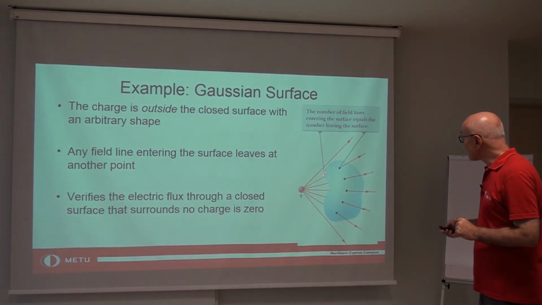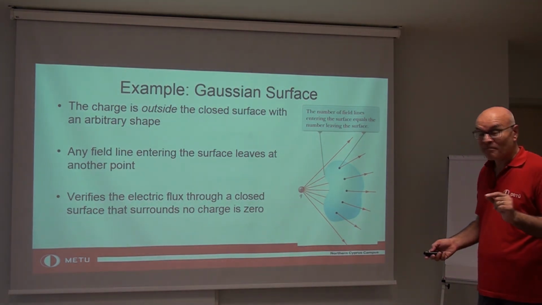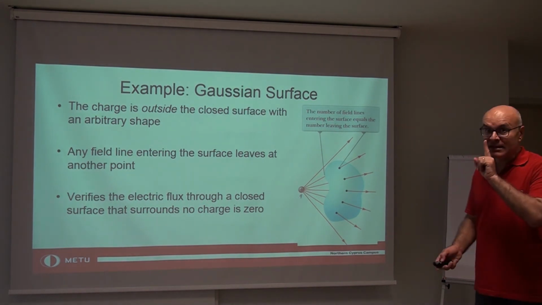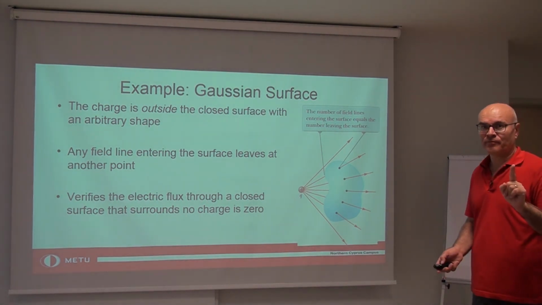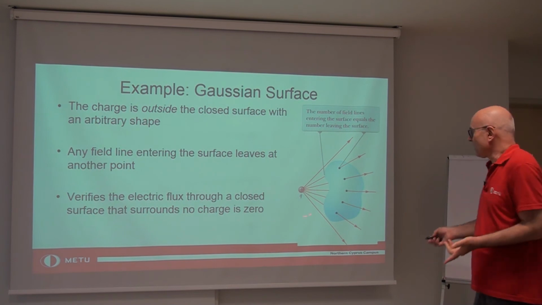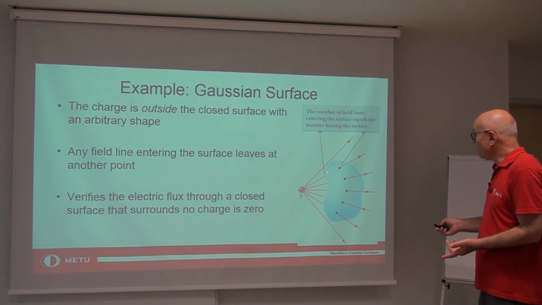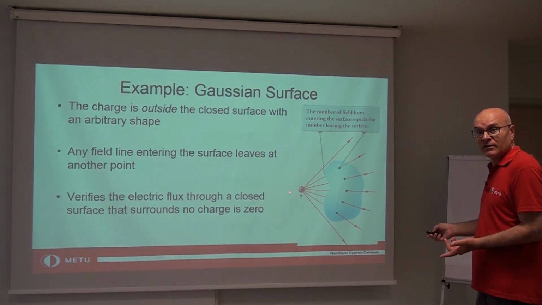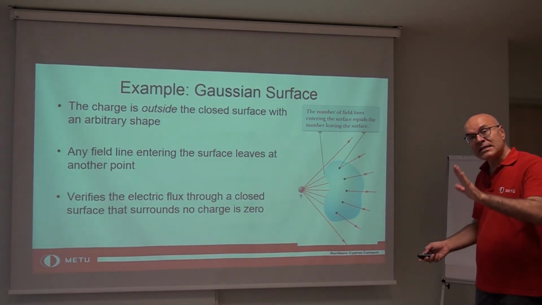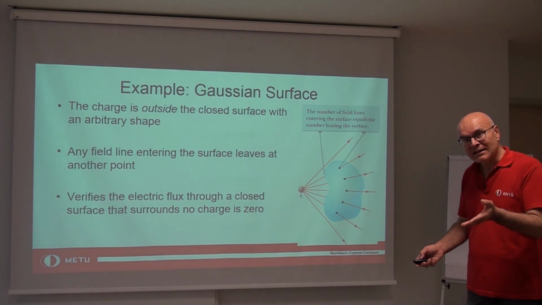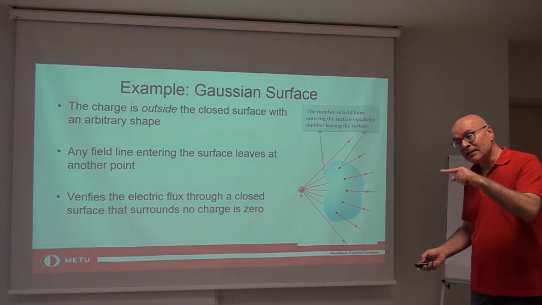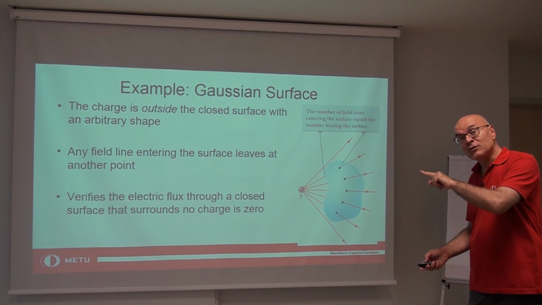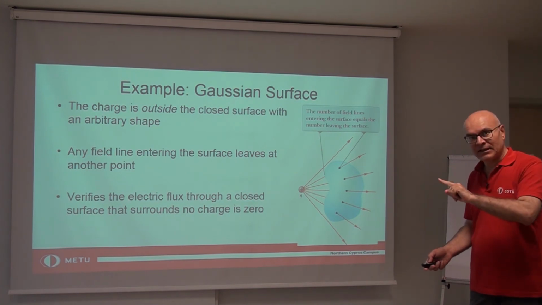Although the flux through the surface is 0, the electric field at the surface is not 0. Because evidently you have a charge here, and at a point here, there is an electric field due to this charge. So having 0 flux through a surface does not necessarily mean that you have a 0 electric field.